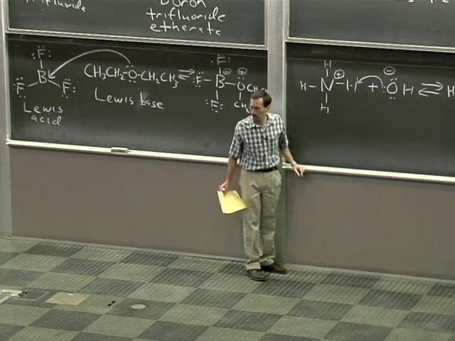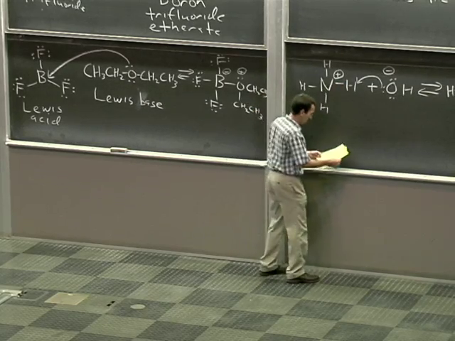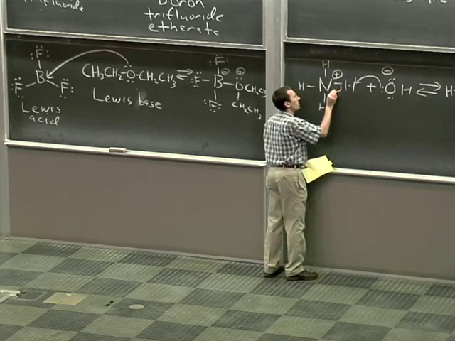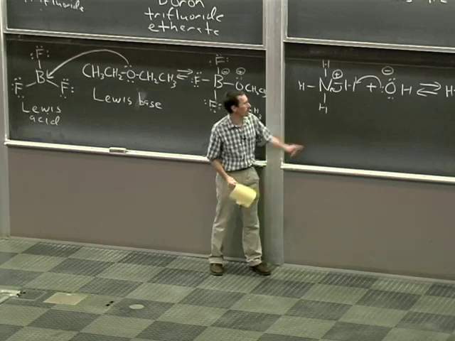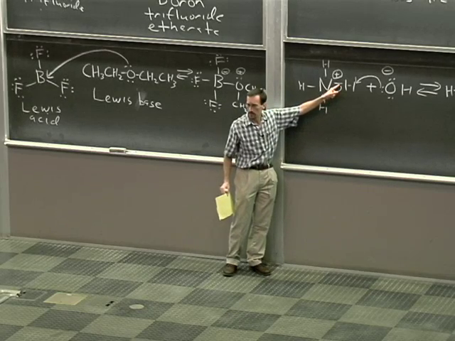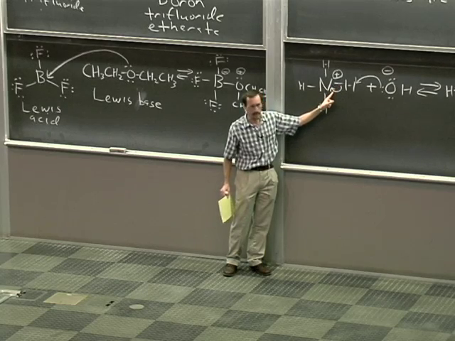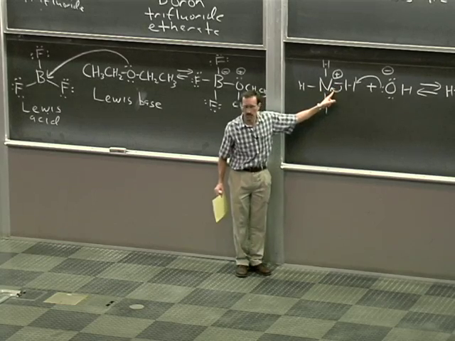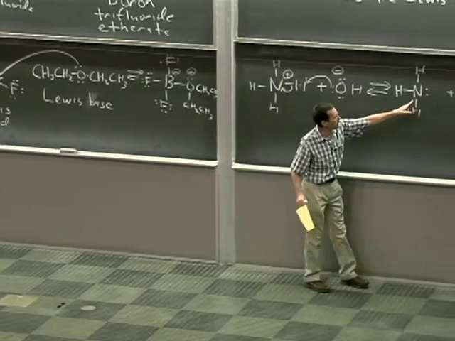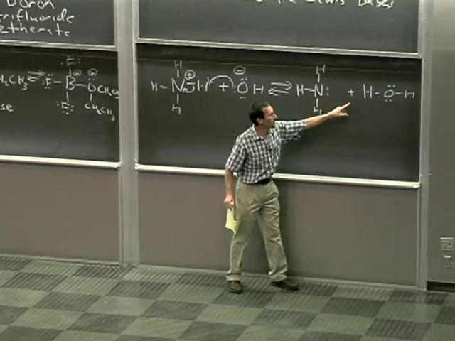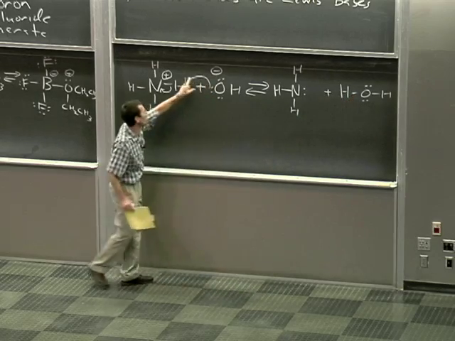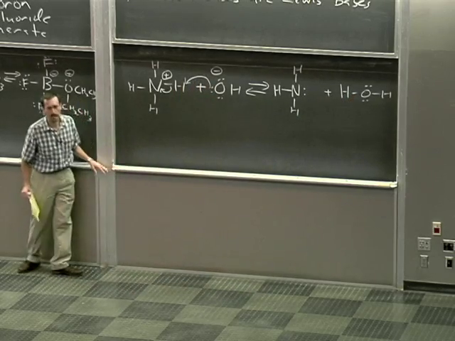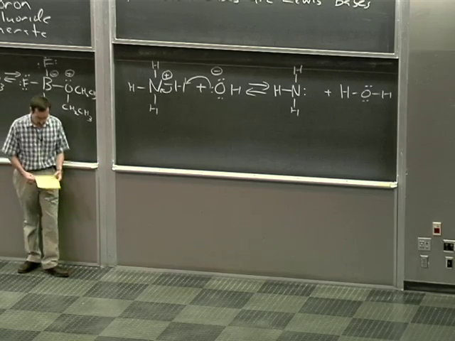It needs to relinquish 2 of its electrons to nitrogen. And you'll notice how I show that. I show the electrons going from the pair of electrons that comprise the bond onto the nitrogen atom, so that we end up with a lone pair of electrons on the nitrogen, and now we end up with a new bond to water associated with this flow of electrons, or a new bond to hydrogen.